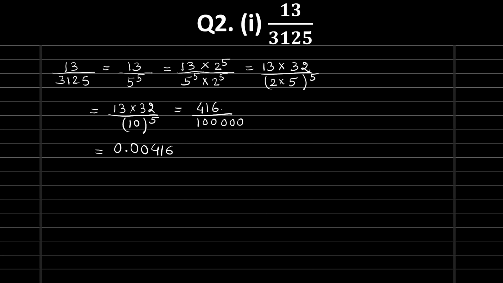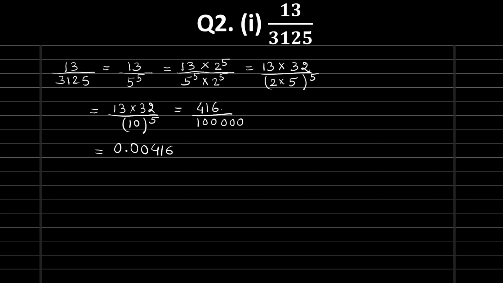Only thing that we have to consider over here is, first of all, write down the prime factorization of the denominator, then check the exponents of 5 and 2. We have to make sure that their exponents are the same. We have to take the largest exponent of both of them. Here we have 5 raised to 5 and we do not have 2, so we multiply it with 2 raised to 5, and that can only be done if we do it in the numerator as well as the denominator.